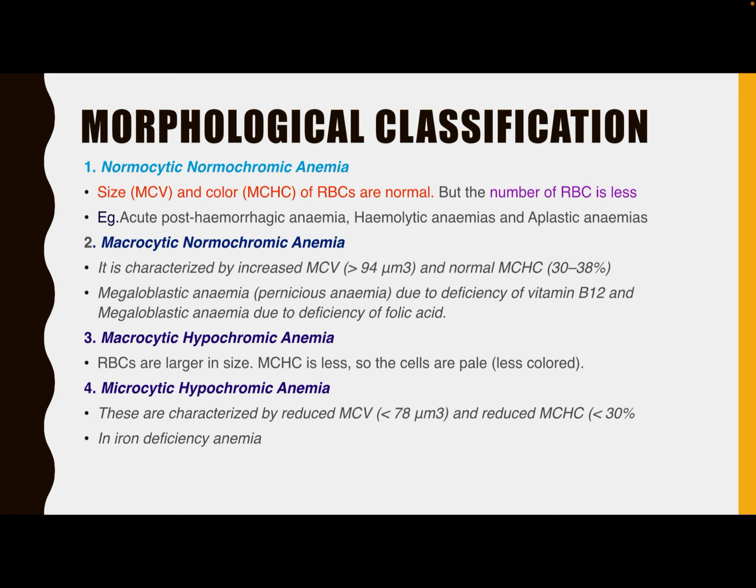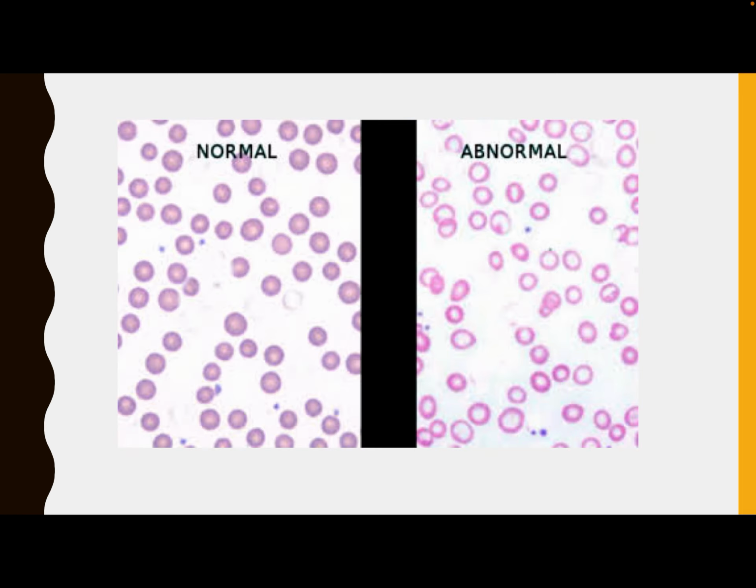In macrocytic hypochromic anemia, the size of the RBCs is bigger and MCHC is less, so the cells are pale and less colored cells will be seen in the bloodstream. Microcytic hypochromic anemia is characterized by reduced MCV and reduced MCHC and is seen in iron deficiency anemias.